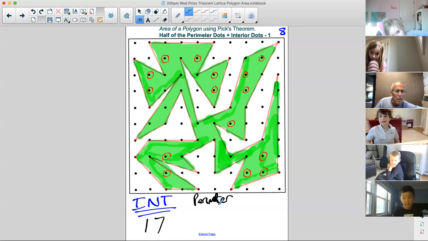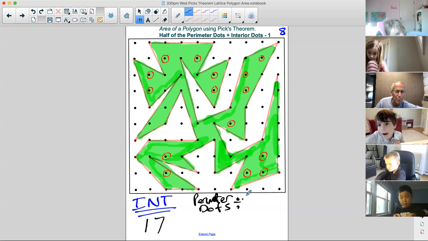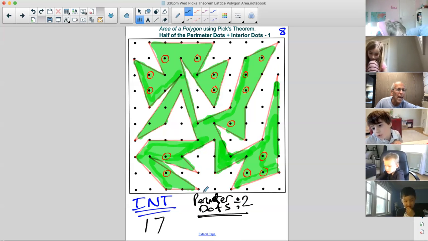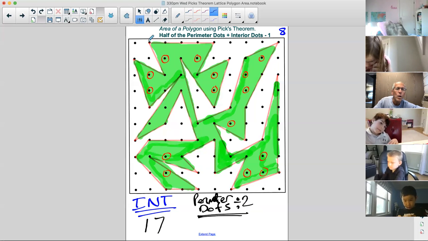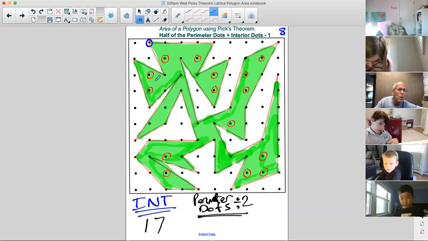Perimeter dots. And then we're going to divide that by 2. All right, everybody get working. Everybody get working. Remember, first put a circle around one of them.